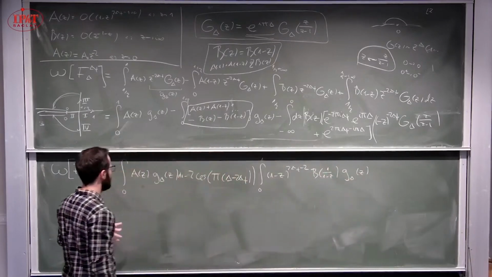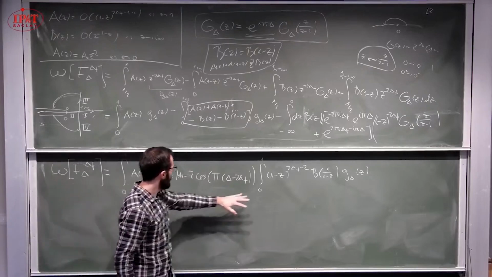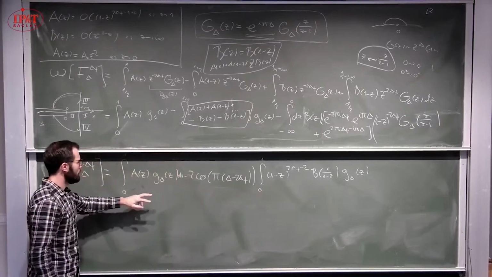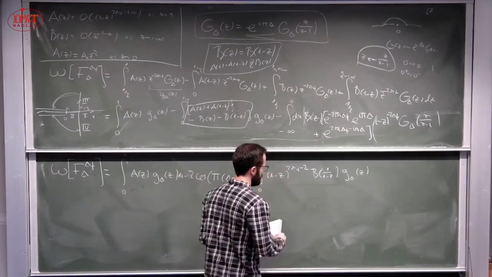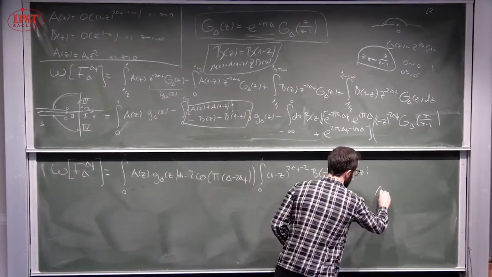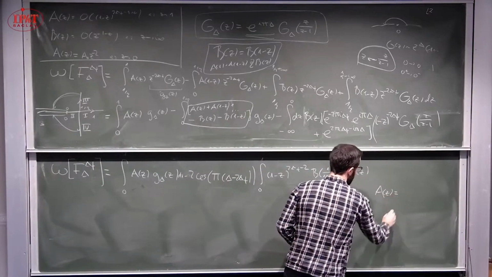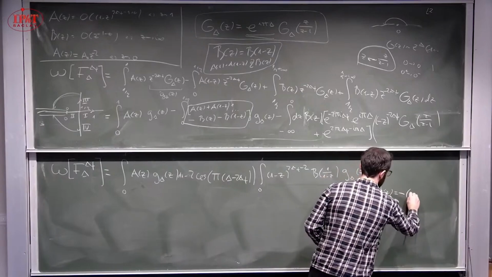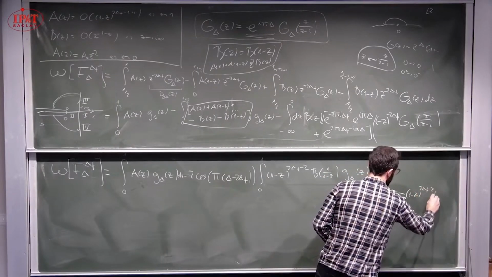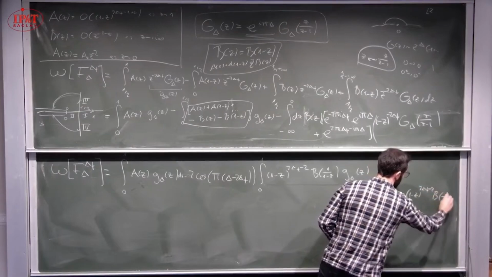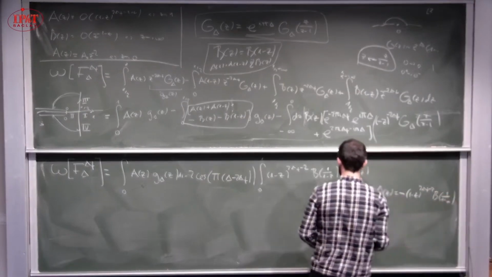Okay, so finally, to be able to combine these two terms together, you need a to be the same as minus this. So the final constraint is that a of z is minus 1 minus z to the 2 delta phi minus 2 times b over 1 minus z.